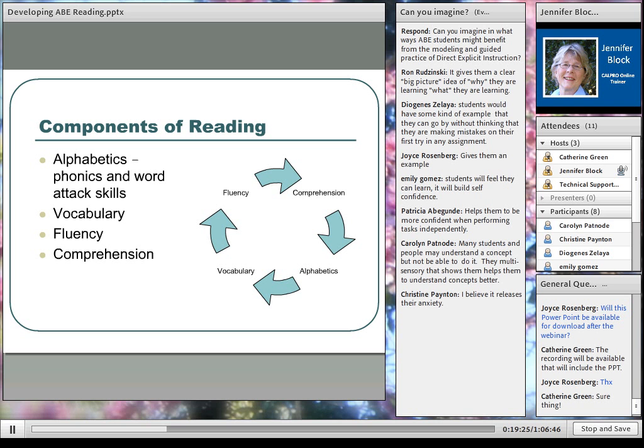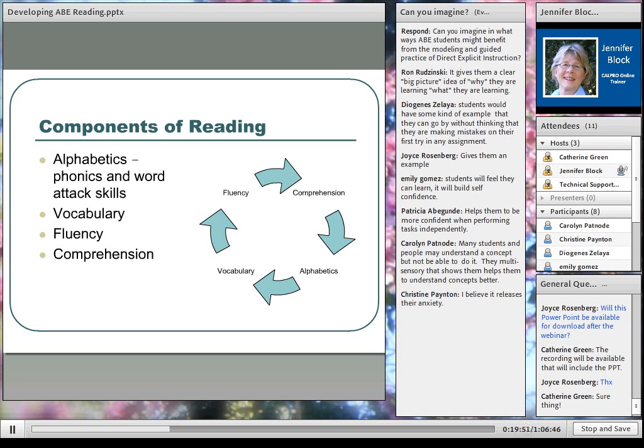However, the reading research has shown us that most ABE students also need work with alphabetics, which is work with phonics and word-attack skills when they come to an unfamiliar word. Many of them have no idea how to break it down, how to put it back together, how to recognize or pronounce unfamiliar words.